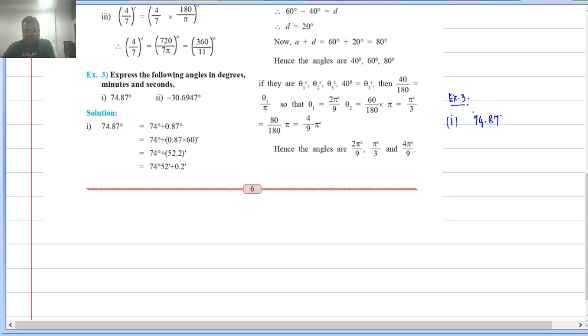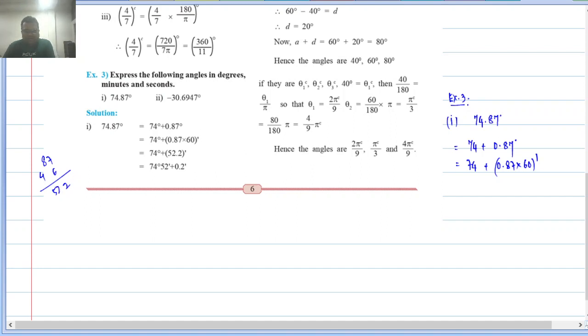74.87 degrees. Okay. Is 74 plus 0.87 degrees, which is 74 plus 0.87 into 60 minutes. This is how we should solve it. So what is 87 into 6? 7 6s are 42, 8 6s are 48, 52.